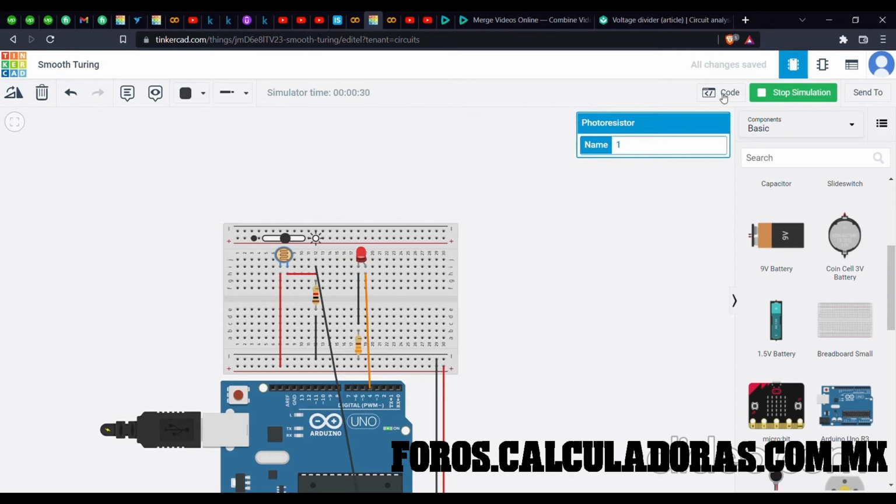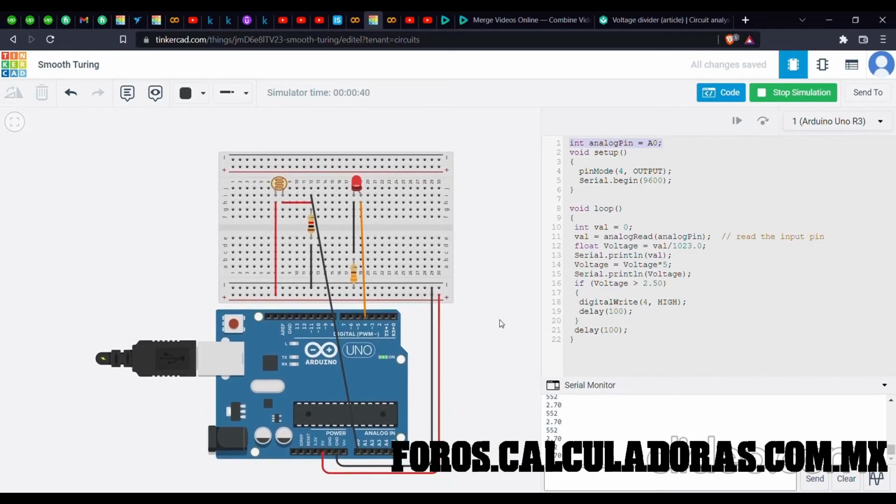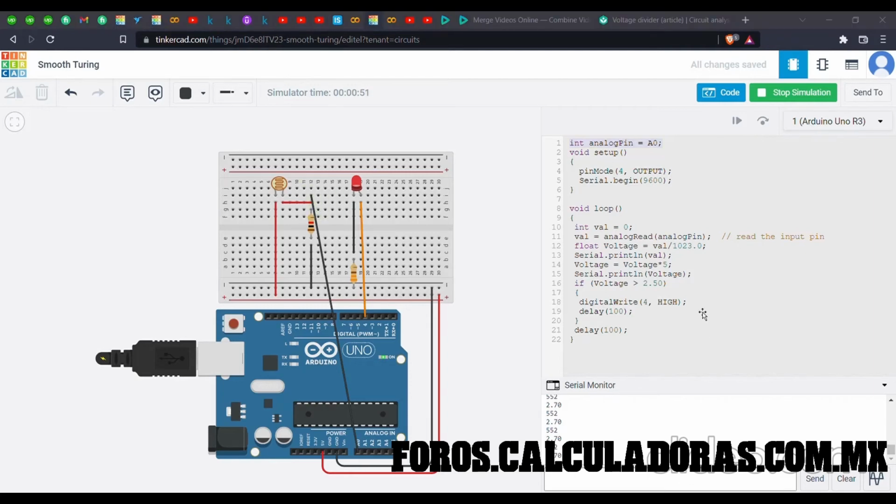So if we look into the code, let's see what's happening. So I have declared this variable as analog input, and if I go into the wires, you can see A0 is connected here. So what I am doing is basically I am reading the voltage value here. It's the same voltage that is here, V out.